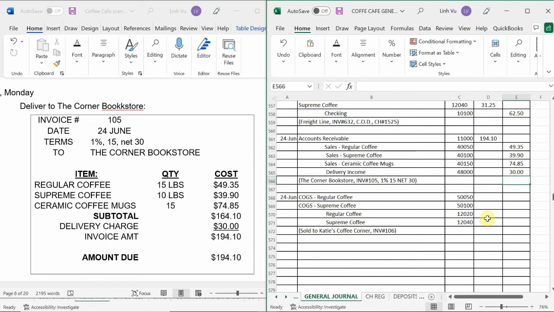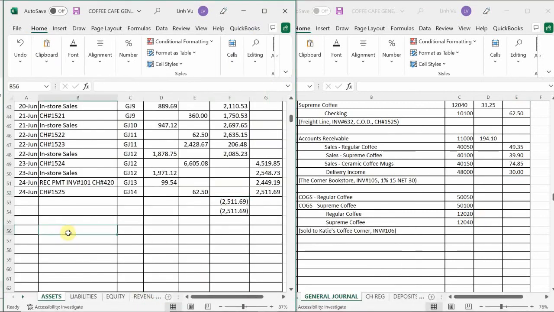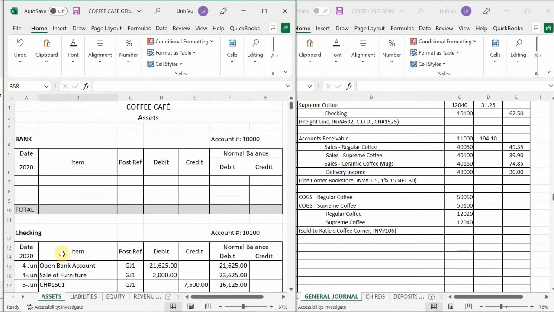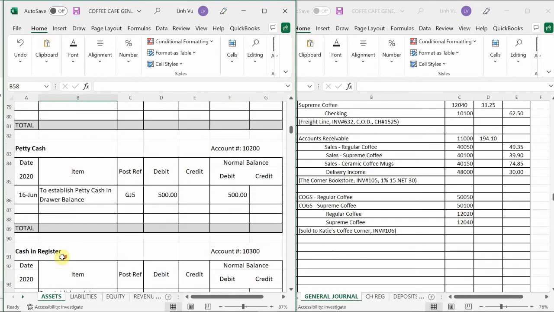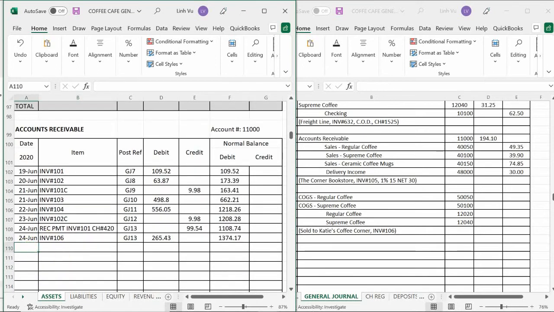go to the ledgers, the general ledgers. And first one is the asset.